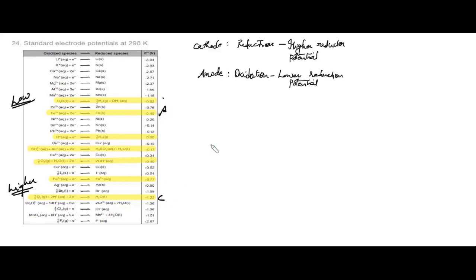So at the cathode, where reduction occurs, I can directly take this reaction because this is given in reduction format, and reduction is what is happening at the cathode. So I can simply write half O2 plus 2H plus plus 2e gives H2O.